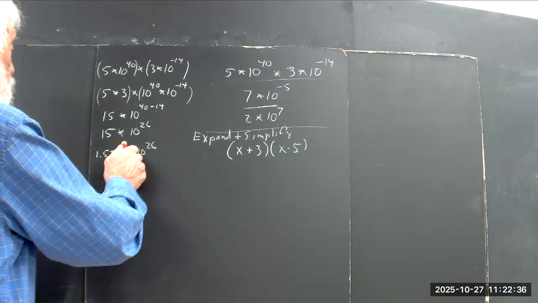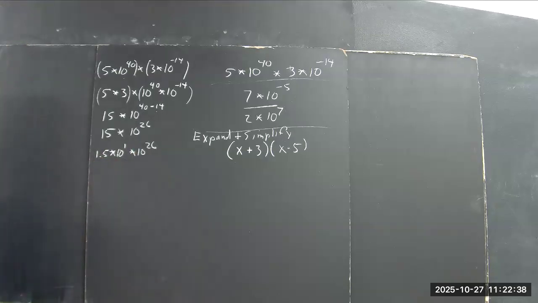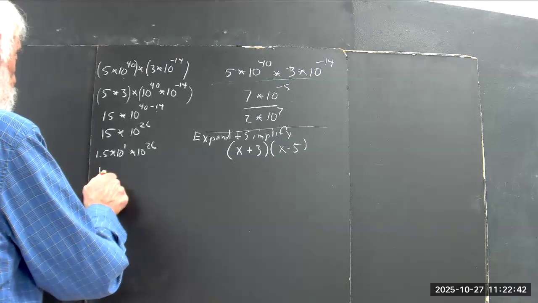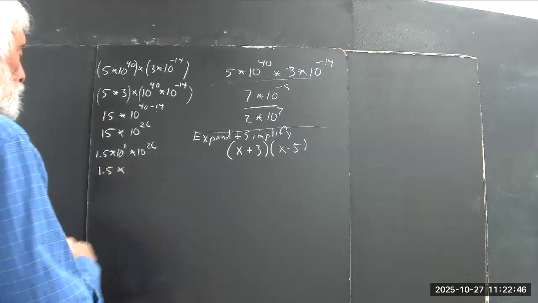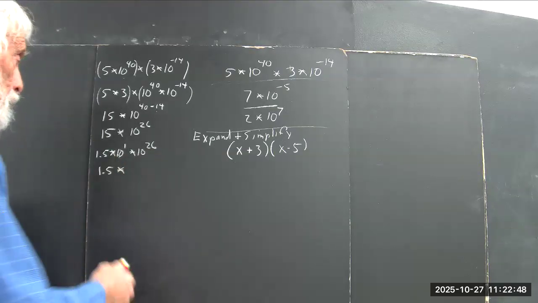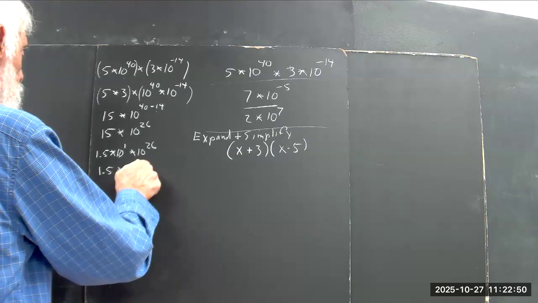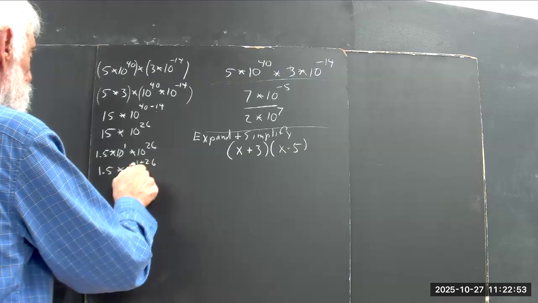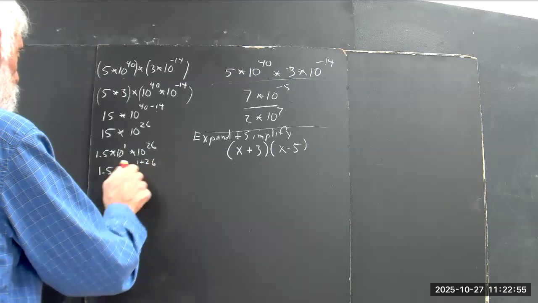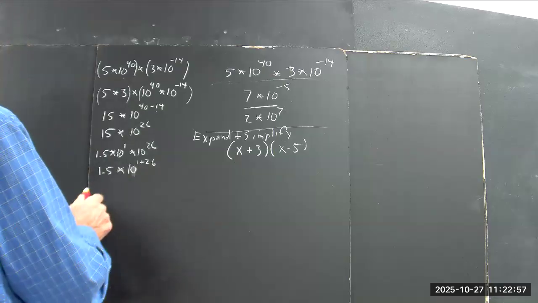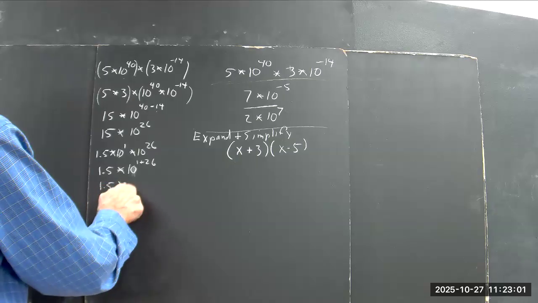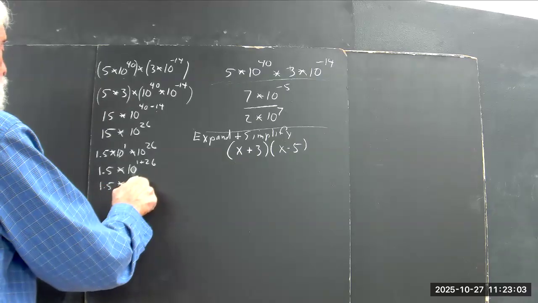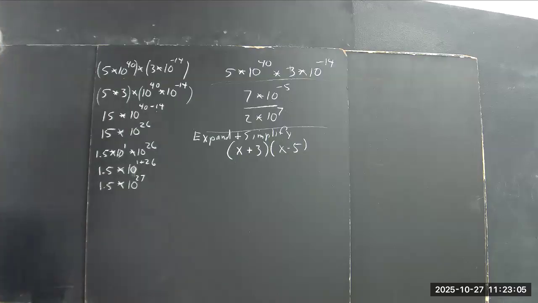And of course, that's 10 to the 1, and we probably want to write out that exponent, because now we see we have 1.5 times 10 to the 1 times 10 to the 26th, by rules of exponents, is 10 to the 1 plus 26. I wish that 10 had come out a little bigger. Okay. Which is 1.5 times 10 to the 27th.